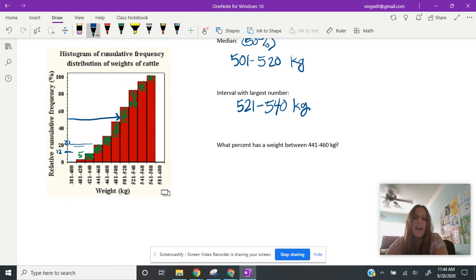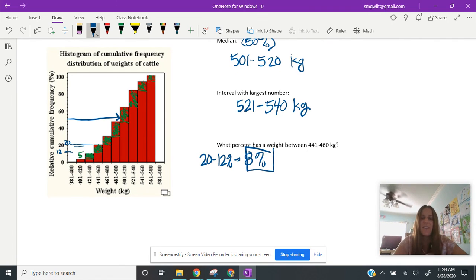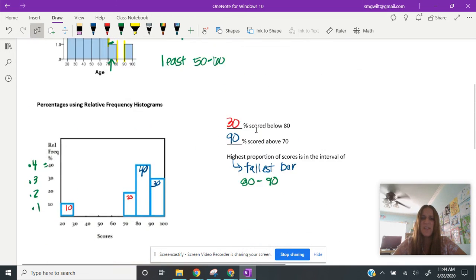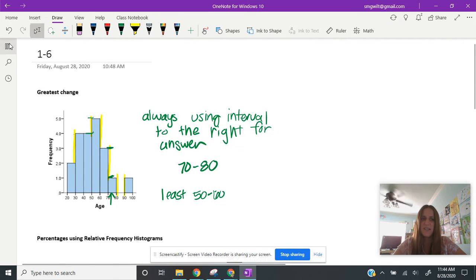So that means that it's 8%. So if I do 20 minus 12, 8% of the cattle have a weight between 441 to 460 kilograms. Okay, so hopefully this helps with the things that the lecture did not for section 1.6.